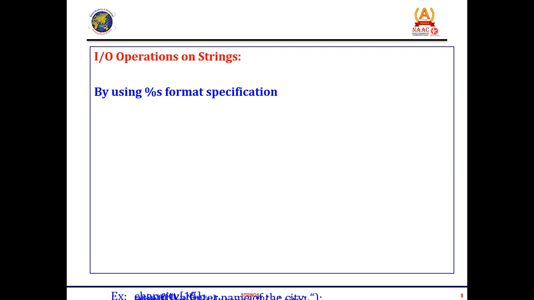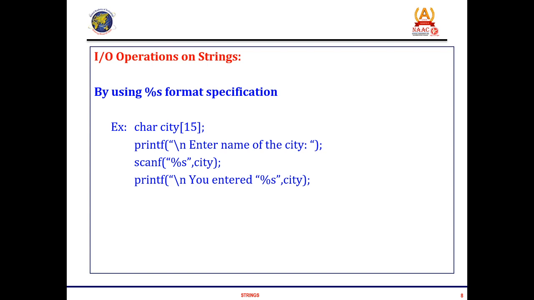Let us have a look at a simple example which uses format specification. I have a character array called city whose dimension is 15, and then I have a printf which says enter name of the city, and scanf with %s. Now %s is the format specification that I am using for this character array called city.